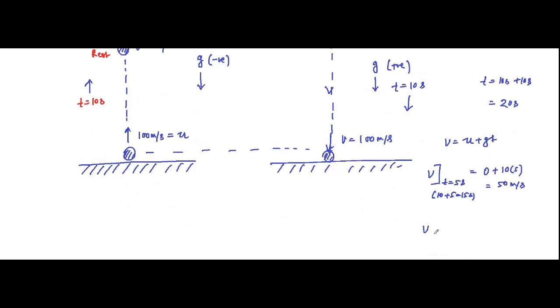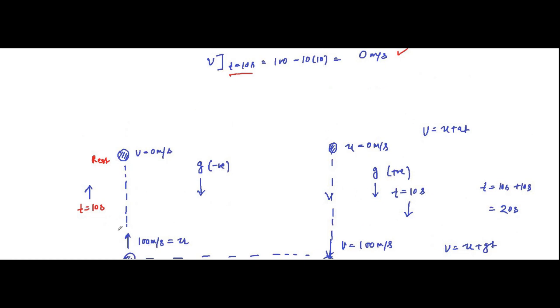And v at t equals 10 seconds of downward motion, in totality 10 plus 10 equals 20 seconds, is equal to 0 plus 10 into 10, which is 100 meters per second. And velocity at t equals 0 seconds of downward motion, in totality 10 seconds, is equal to 0 meters per second, which is this one.